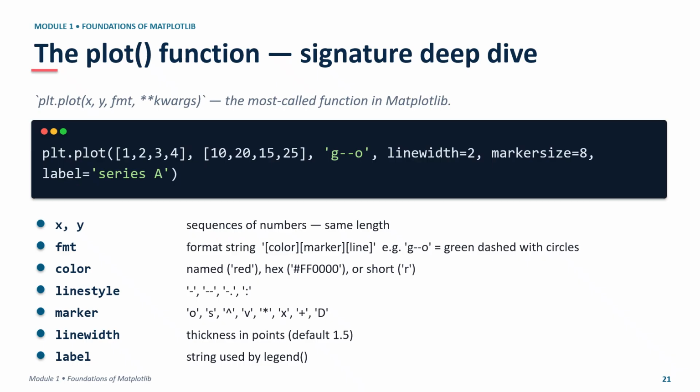The line width is 2, the marker size is 8, and the label is Series A. So this draws a green dashed line with circle markers, line thickness 2 and marker size of 8, labeled as Series A. You can try changing the format string and the keyword arguments to see how the plot changes. Experimentation is going to be your fastest teacher.